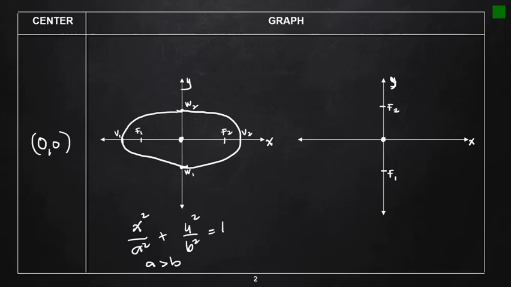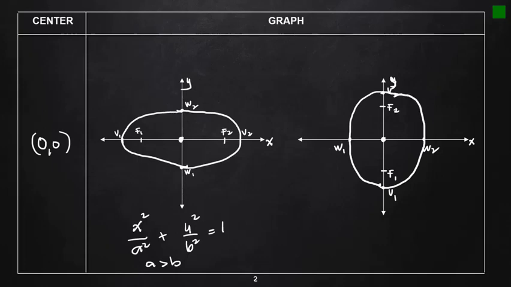Since the vertices are collinear with the foci, this would be our vertices V sub 1 and V sub 2, and this would be our co-vertices W sub 1 and W sub 2, and we connect the points with a smooth curve. Look how it looks now.